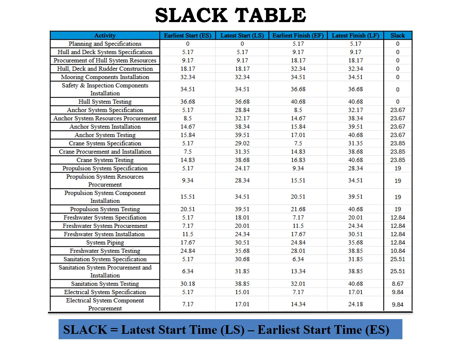So in the case of the whole system, as seen here, there is zero slack. And for other activities in the network model, we can see slack ranging from 19, 23, 12, and different values.